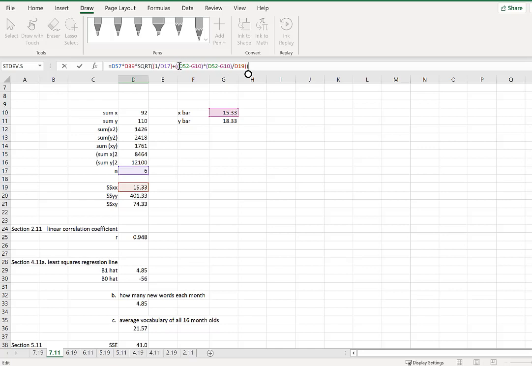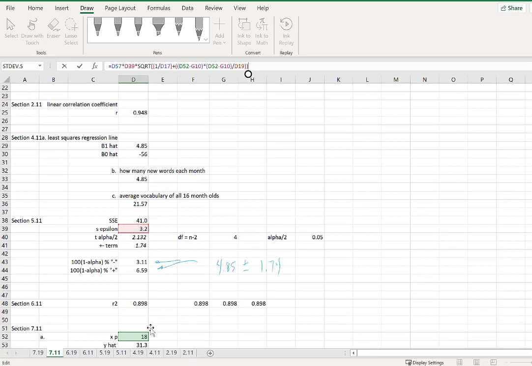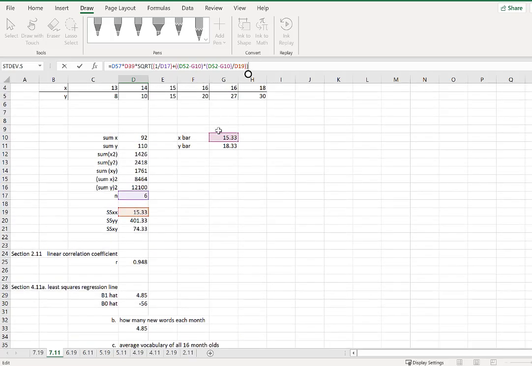Let's see, D52 back down here. D52 was my xp, my point estimate of the x that I'm looking for. I'm subtracting from that this color, which is this color here at G10. So xp minus x bar.